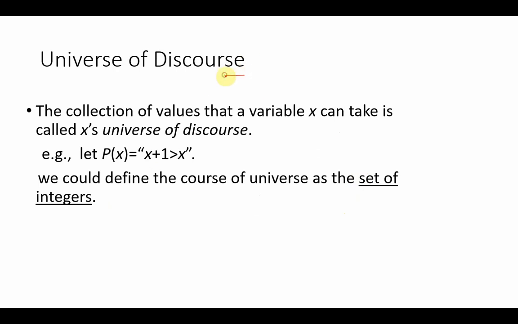Another important point is the universe of discourse. Universe of discourse is essentially the set of all the possible values that a variable being used in a predicate can take. Say for example, when I took the example P of x, which said x can dance, and I said that I can be talking about all the people who are watching this video, now that becomes my universe of discourse.